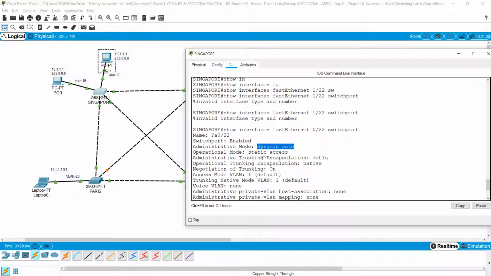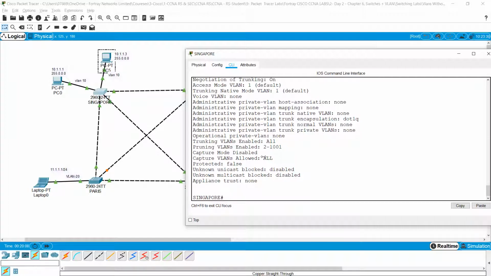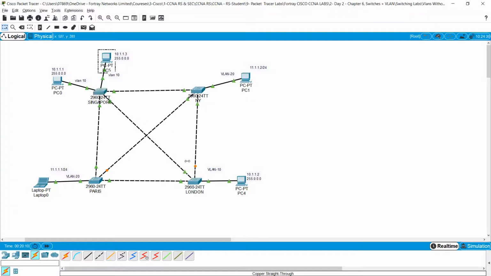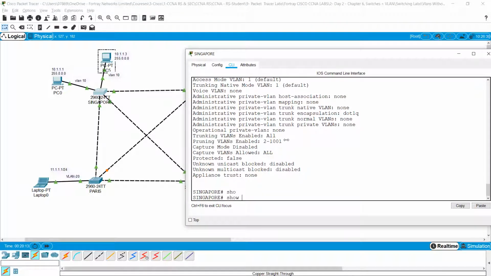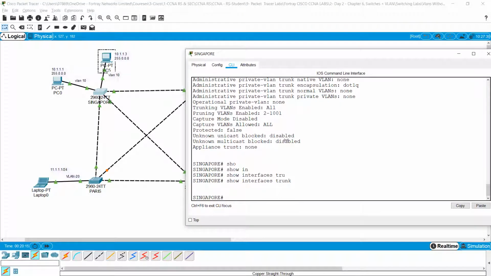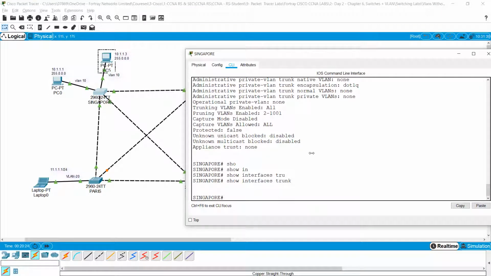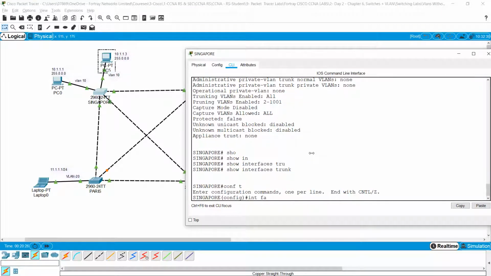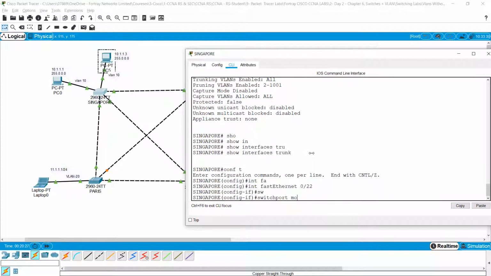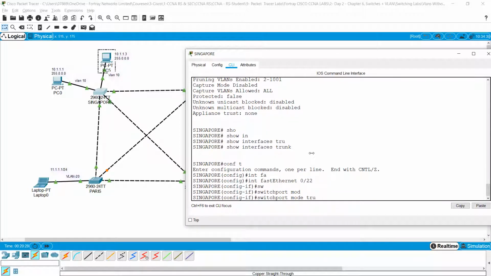When both sides are auto, they do not exchange any DTP messages, and hence the communication will be broken. They will never become a trunk. If I do show interface trunk, you can see I do not have a trunk. That is one of the reasons, from a troubleshooting point of view, why my communication is broken. We need to have at least one side trunk.